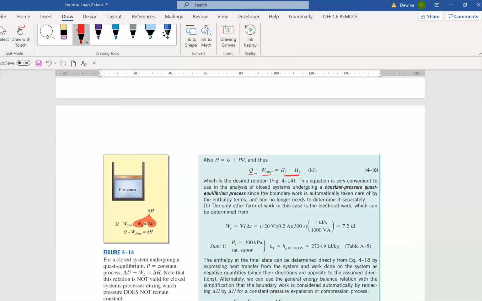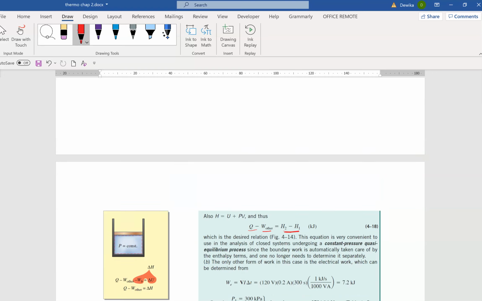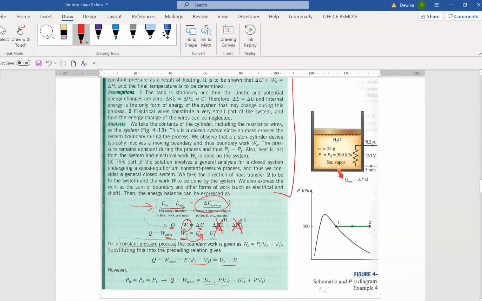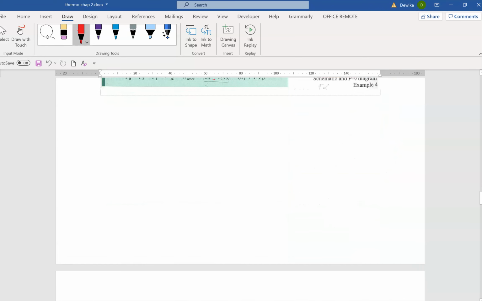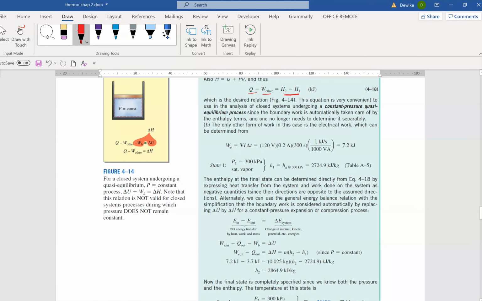Okay, work other. In this case, what is entering this piston is only electricity. They didn't talk about any other thing. It's only electricity. So work other would be electricity, which is VI delta T, also given in the question. So how much is the work other? 7.2. Keep that aside. So this is settled.